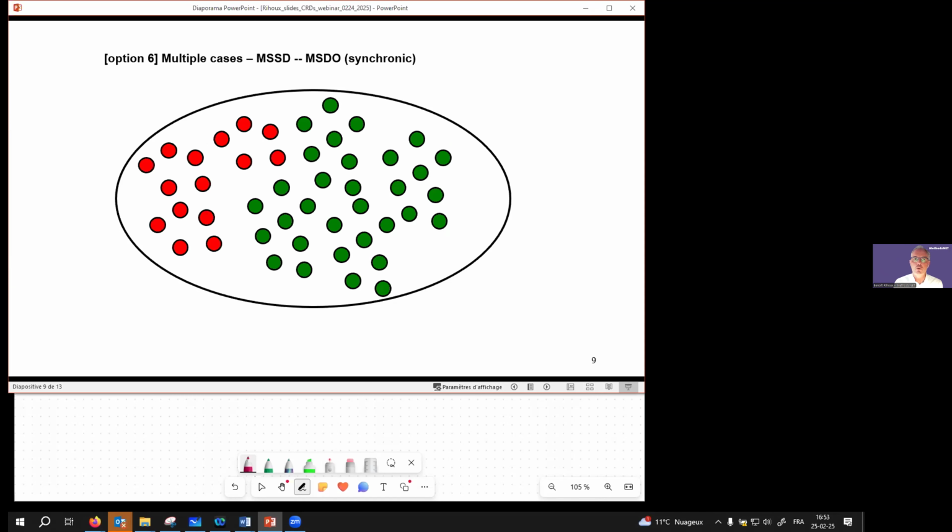I need to conclude shortly. So here is the second classic, which is also an MSDO design, synchronic, meaning that it's like a snapshot. We don't take into account the time dimension. And it is the instance of a population. Let's take, let's say, the 27 EU countries.